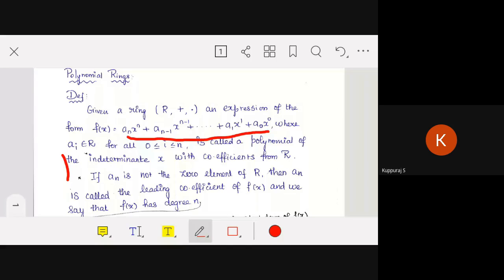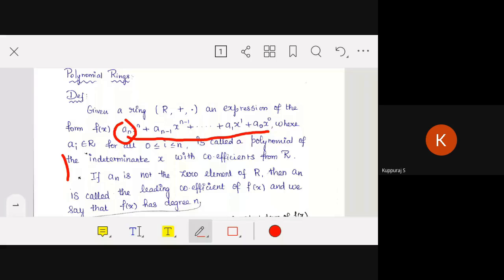In that polynomial, all the coefficients belong to that ring. Then in that polynomial, the first one, an, is called the leading coefficient of that polynomial, and it is not equal to 0.